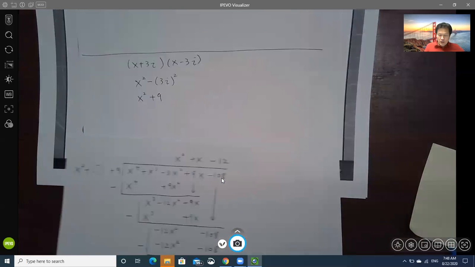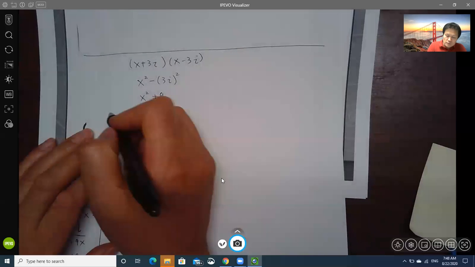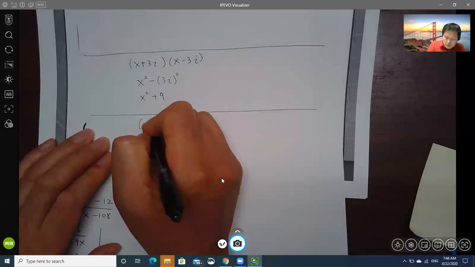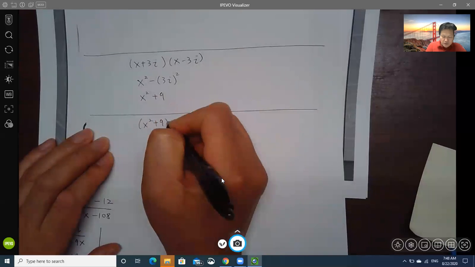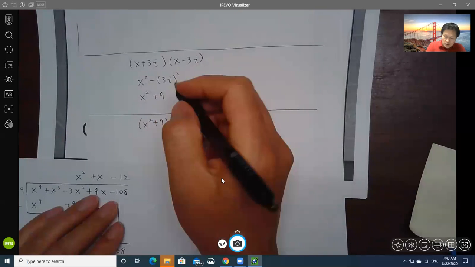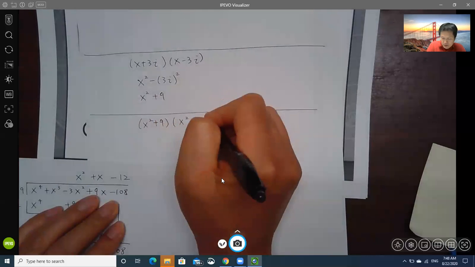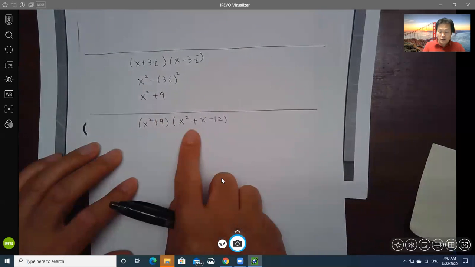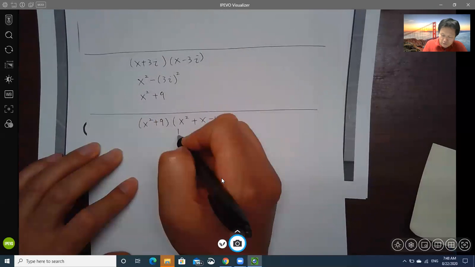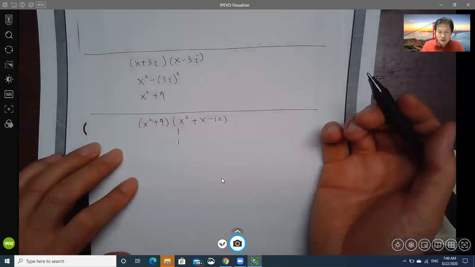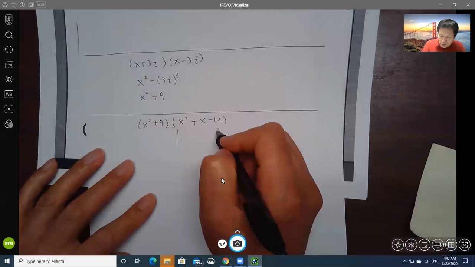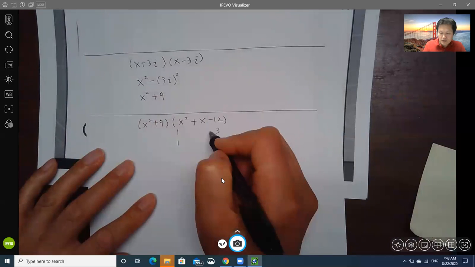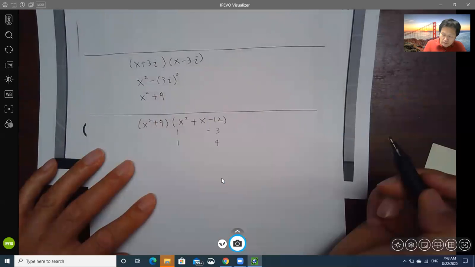Okay, so what does that mean? We got x squared plus 9 times the quotient, which was x squared plus x minus 12. All we have to do is factor this. As you already know from the graphing calculator, this is factorable. 3 times 4 makes 12, and you want minus to be here.